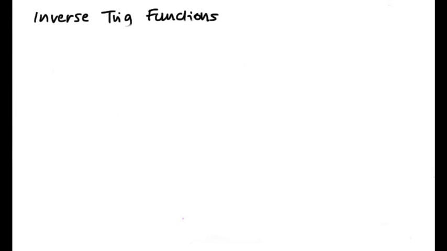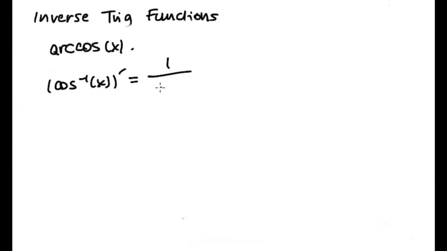Now, we can do the same thing for cosine. So arc cosine of x. The derivative of arc cosine is going to be equal to 1 over, so f of x here is going to be cosine x, and g of x is going to be arc cos. So what's f prime of x? It's negative sine, right?